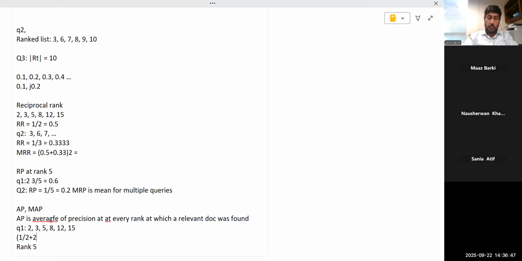We have 2 out of 3 at position 3 plus 3 at position 5 plus 4 at position 8 plus 5 at position 12 plus 6 at position 15. And how many were there? 6. So this would be the average precision.